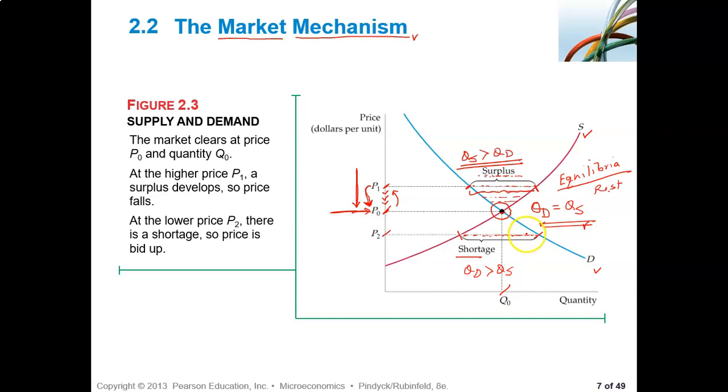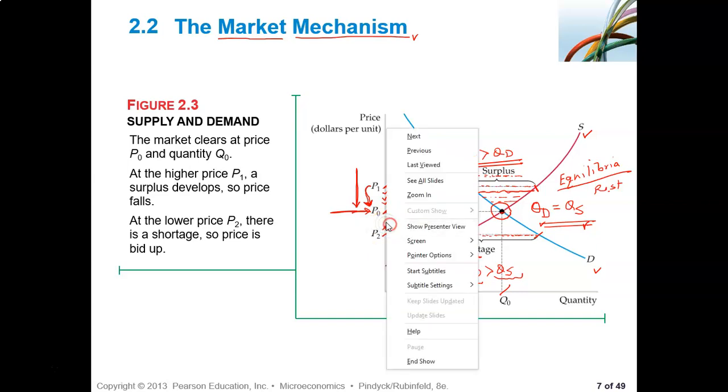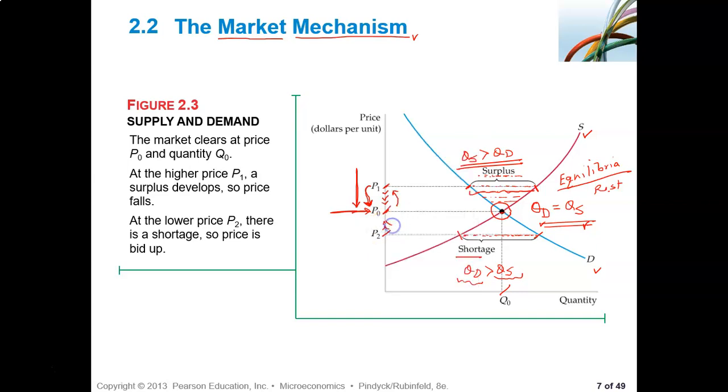And then in this case, what happens? Now consumers are unhappy, they want to buy but producers are not producing enough, so consumers bid against one another and increase price. And as price continues to increase, adjusting from P2 to P0, look at that horizontal difference between demand and supply.